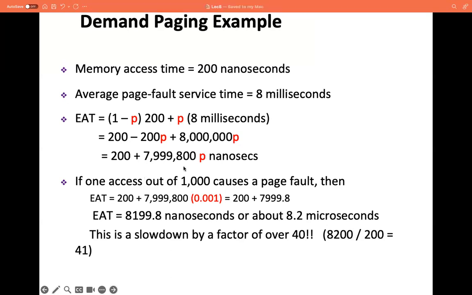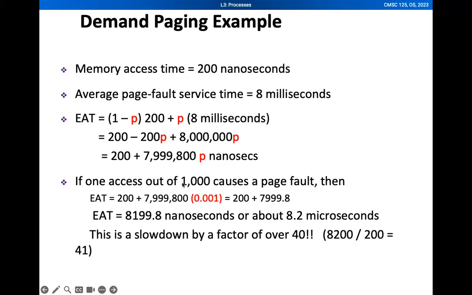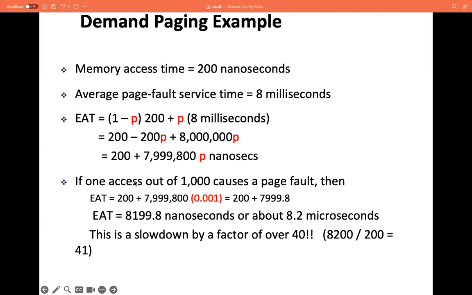Now, if one access out of 1,000 causes a page fault, we said earlier that the page fault rate is between 0 and 1, and in this case the rate is 1 out of 1,000. So we simply divide 1 over 1,000, and that gives us P equals 0.001.